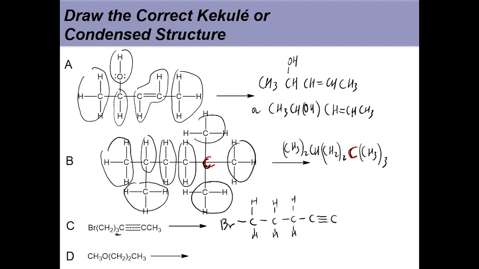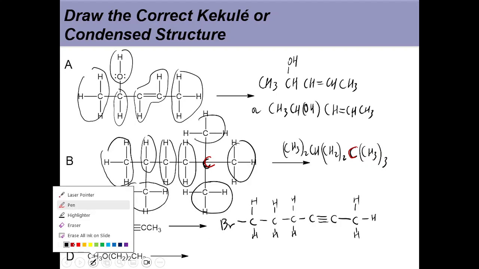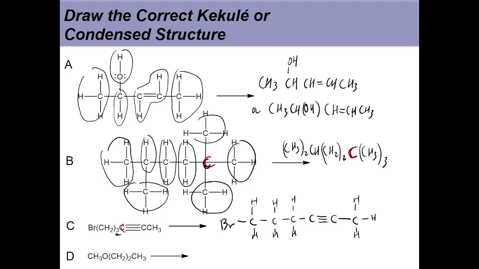You should not be surprised that there are no other hydrogens attached to both these two carbons on the triple bond, as they both are completed with full bonds already. The second carbon on the other side of the triple bond is bonded to a CH3, so this carbon is bonded to a CH3. Let me highlight the carbons I would like you to pay a little bit extra attention to.